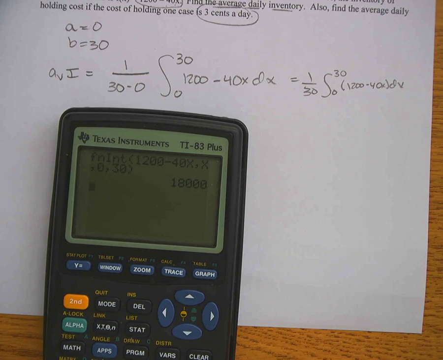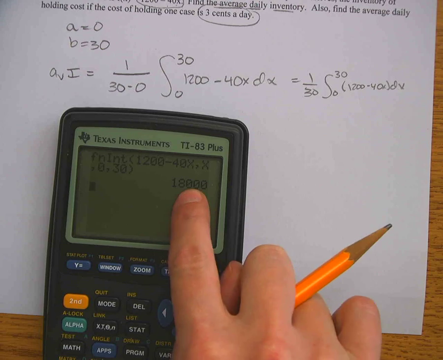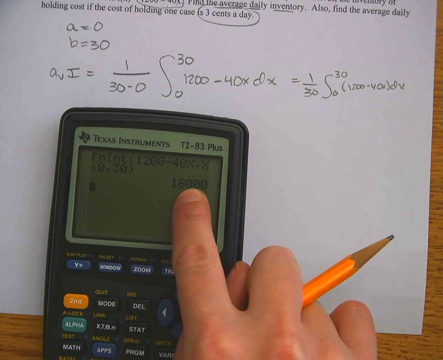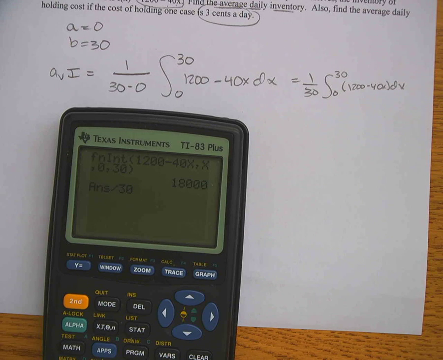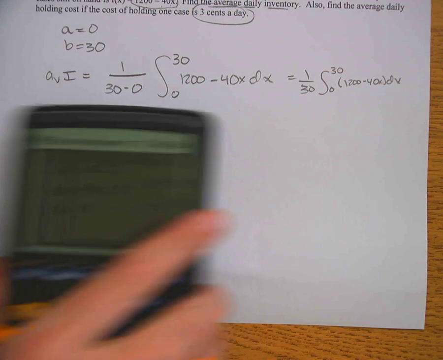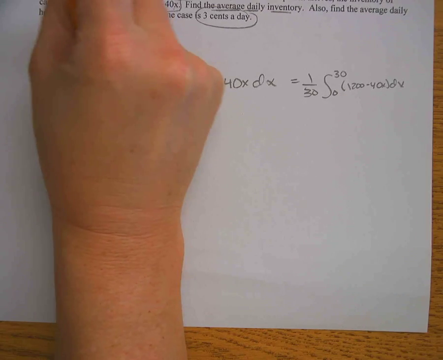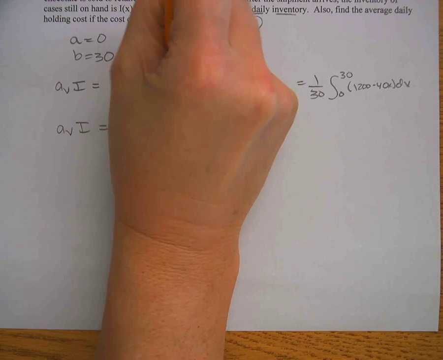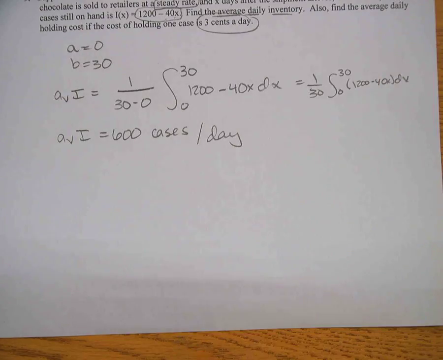That's all the area under this curve, the total number of cases from the 30 days. I divide that by the 30 to figure out on average how many there are per day. I get 600. So my average daily inventory is equal to 600 cases.